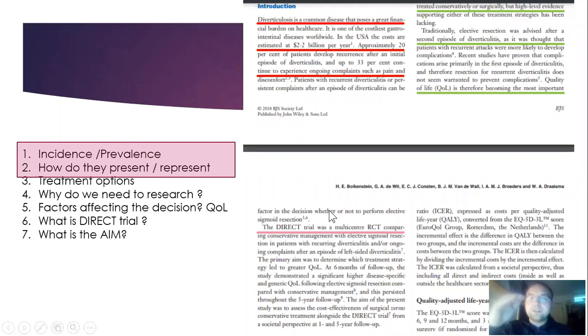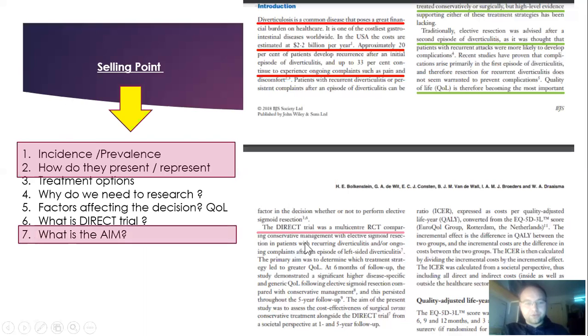So again, as you see, they are answering the questions we thought they would answer, isn't it? And then factors affecting the decisions. If you read a bit more, you will see that they have elaborated and explained about different factors. And then they spoke about the direct trial and what it is and what it's composed of. And then they jumped into the aim.